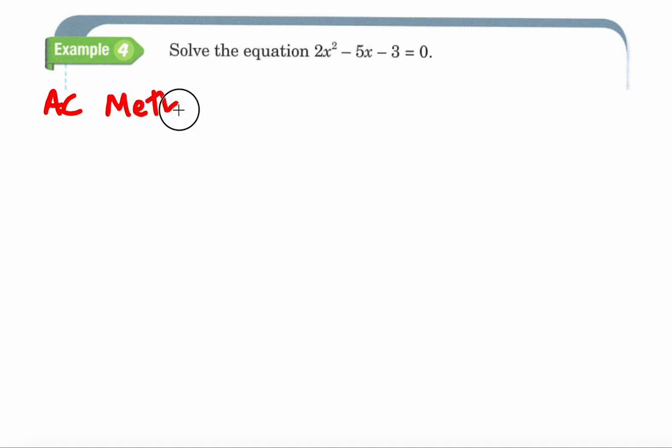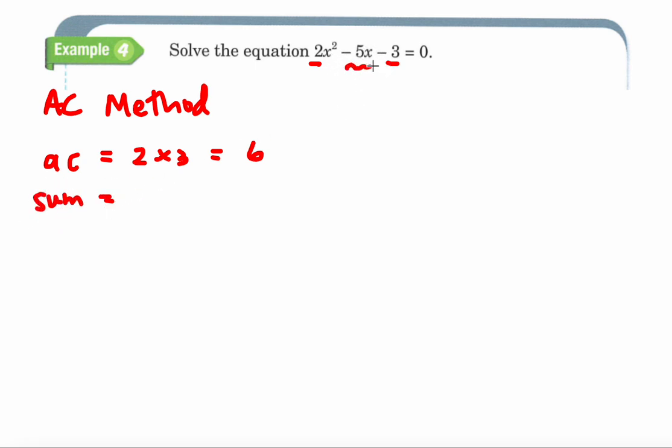If you remember, the AC method requires us to find a product, where we get A times C, which is 2 times 3, which is 6. And we need to find the sum that'll get us to the middle number, which is 5.